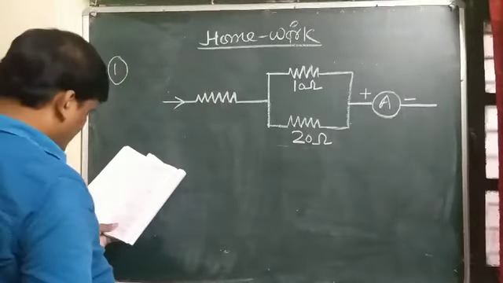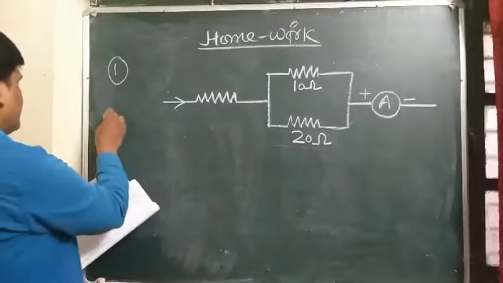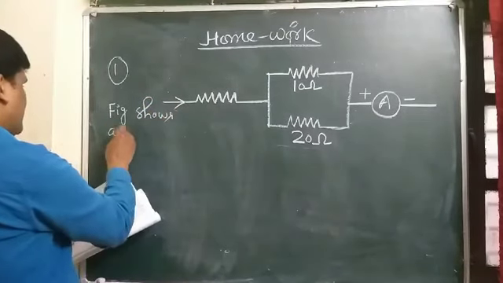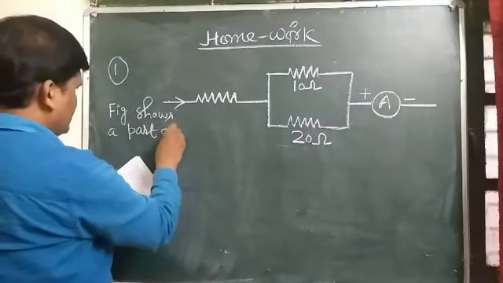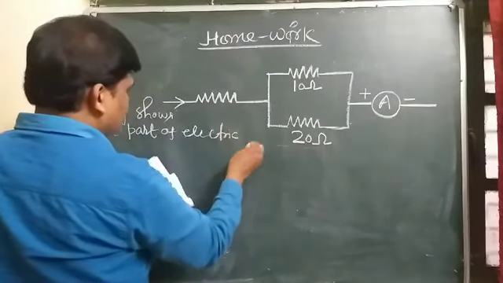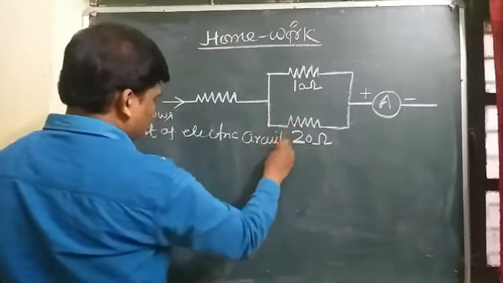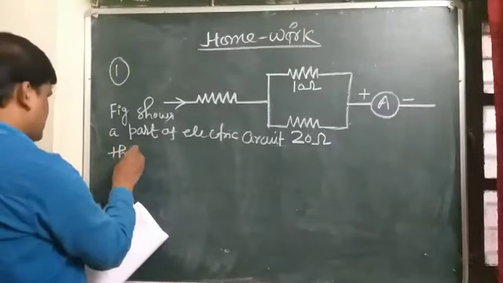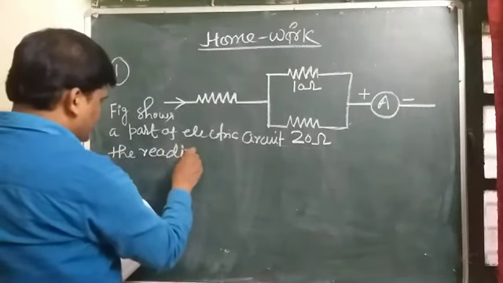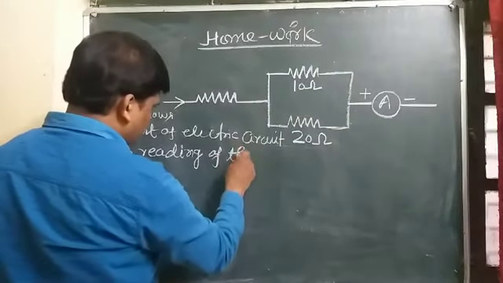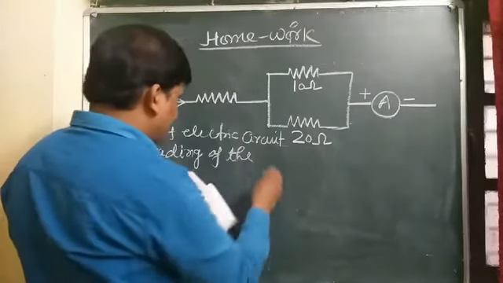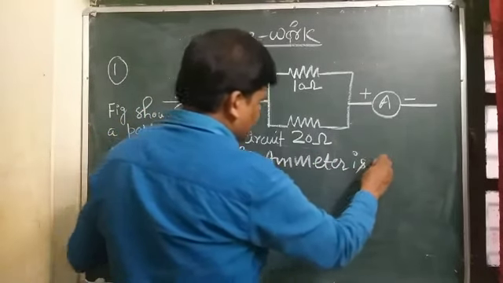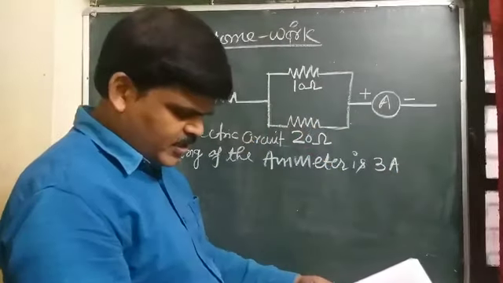And the question is: the figure shows a part of an electric circuit. The reading of the ammeter is 3 ampere.